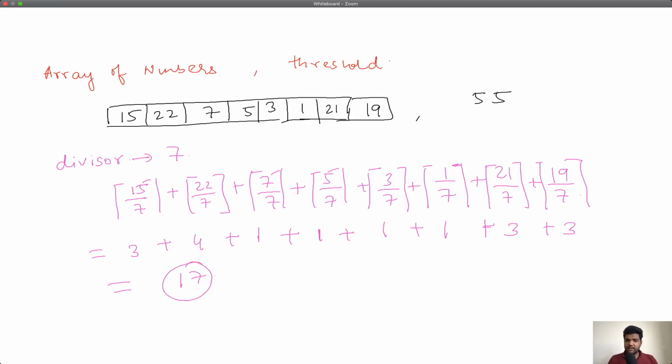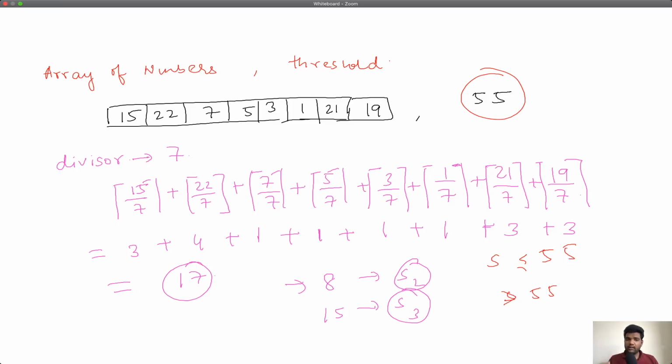Similarly, you can do the same experiment for some other divisor. Let's say 8. If you do, you will get sum S2. If you divide by 15, let's say you will get sum S3. So all of these give you some sums. Now, out of all these sums, some of these sums are less than 55, the threshold that is given to you, and some of these sums will be greater than 55.